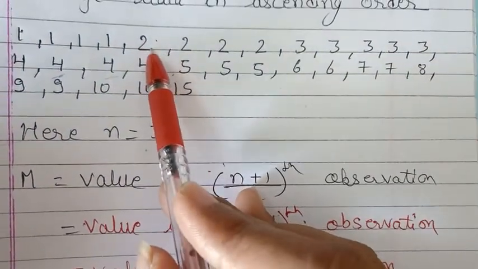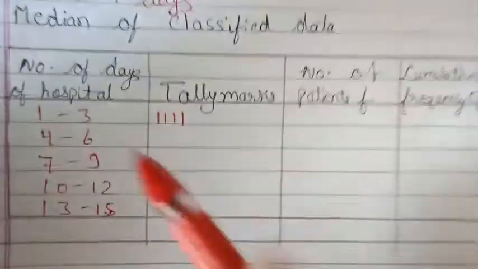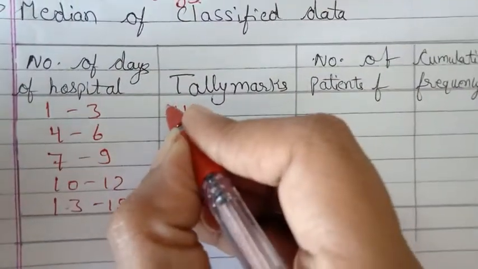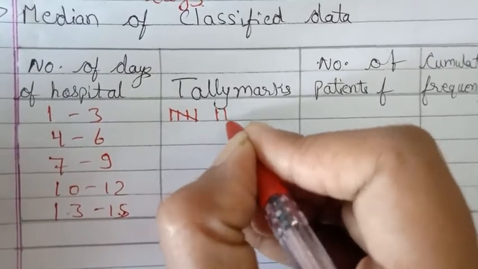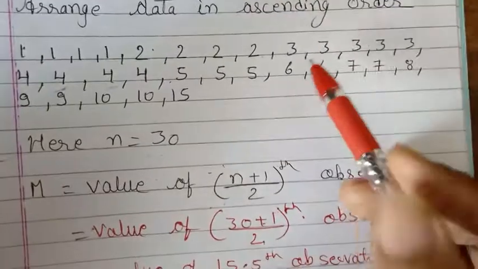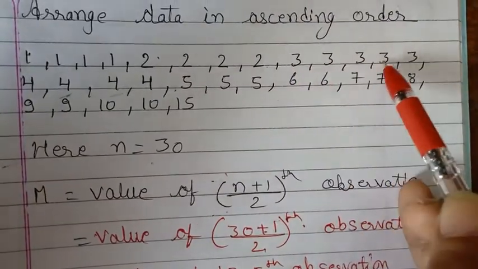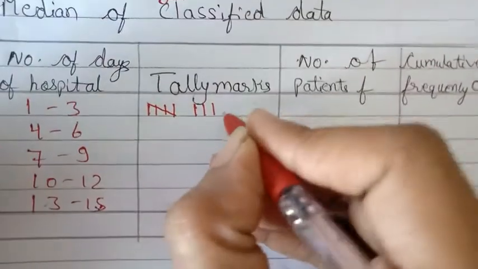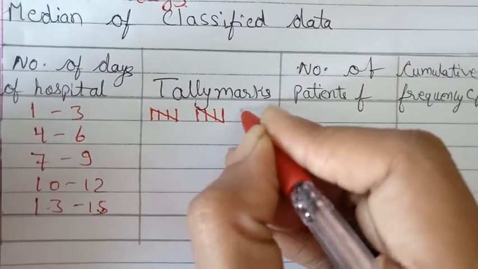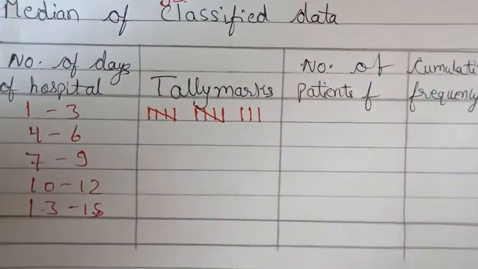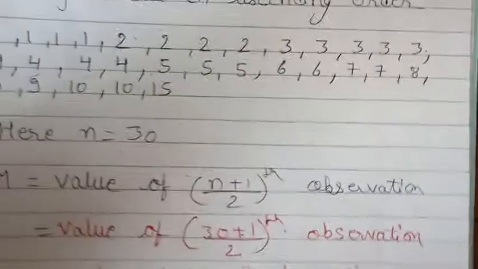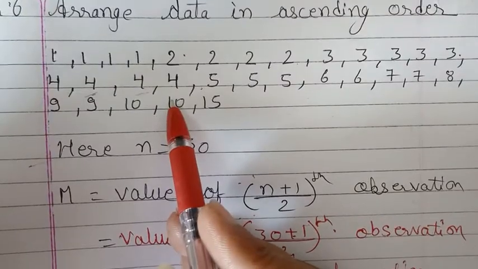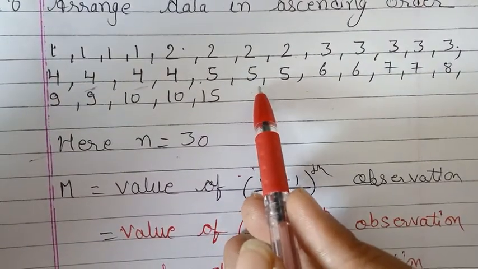Then 2 is repeated 4 times, so 2 will also come in the first class: 1, 2, 3 and 4. Then your 3 gets repeated 5 times: 1, 2, 3, 4 and 5. Now 4 gets repeated 4 times and 5 gets repeated 3 times.